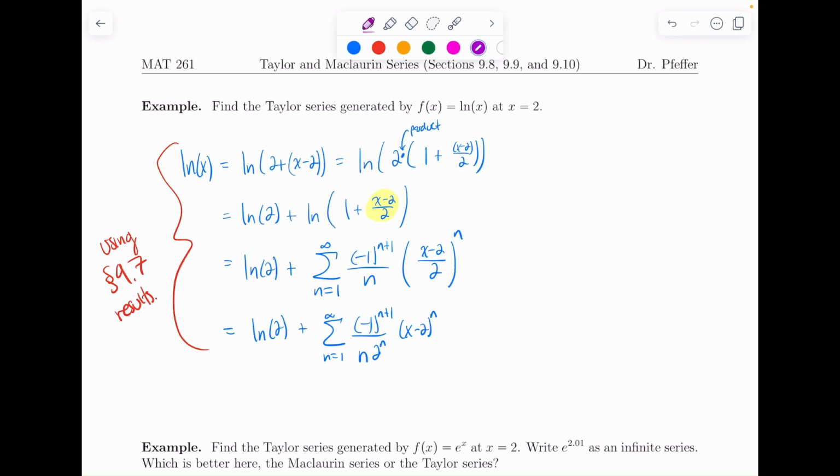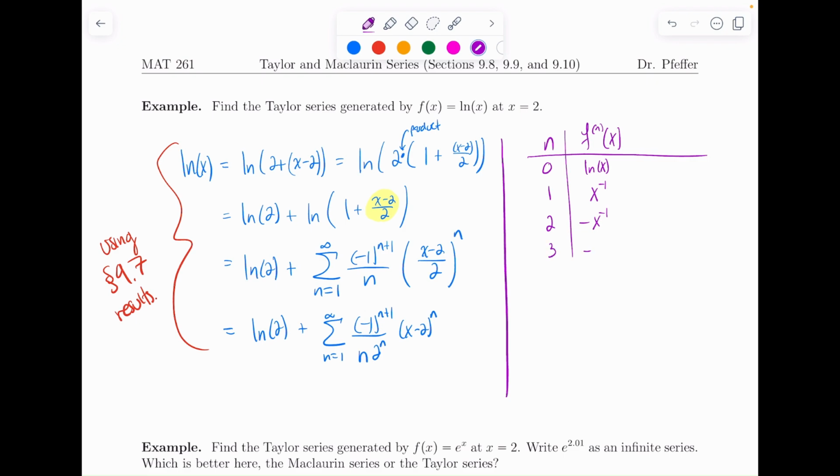So if I come over here, I could have instead looked at n values. I could have looked at derivative values for ln of x. If I don't differentiate at all, I get ln x. Differentiate once, I get 1 over x, which is x to the negative 1. Do it again, I get negative x to the negative 2. Do it again, I get negative 1 times negative 2 times x to the negative 3, and so on. This is very similar to one of the earlier problems we did in this conversation.